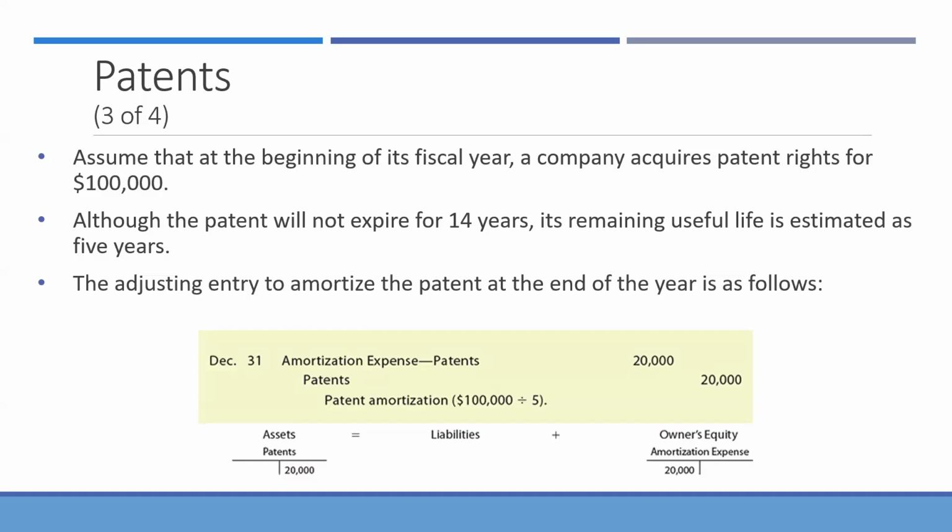The entry to create the patent would be a debit to patent and a credit to cash because they just purchased it outright. Then at the end of the first year, we're estimating a 5-year useful life, so we would reduce it by $20,000, just straight line depreciation. If it's another method, it would specify the method, but it says straight line.